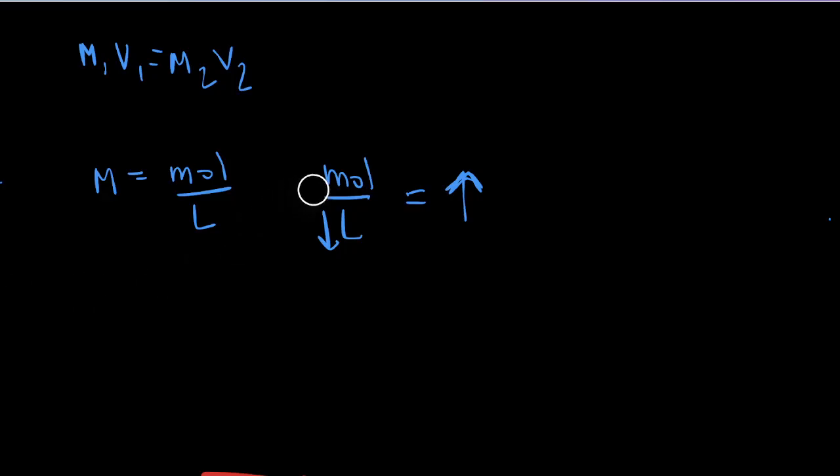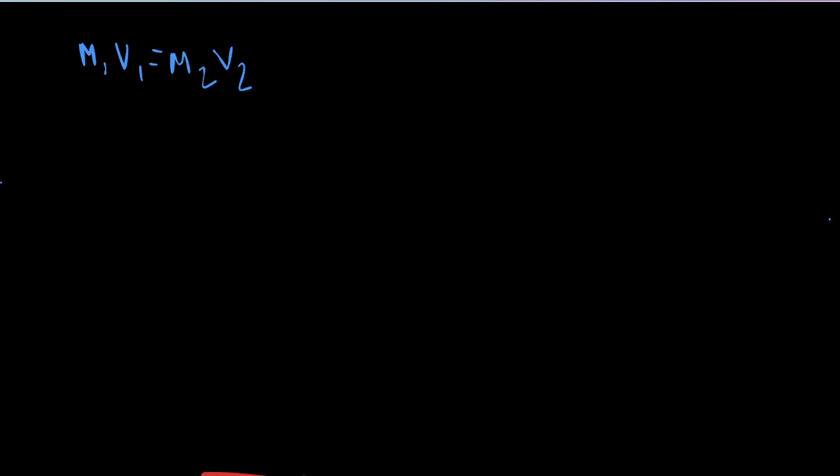And so again, just keep in mind that when we're diluting anything, we're diluting a solution, right? The number of moles of solute is staying the same, and that is the very principle upon which this formula M1V1 equals M2V2 is based.